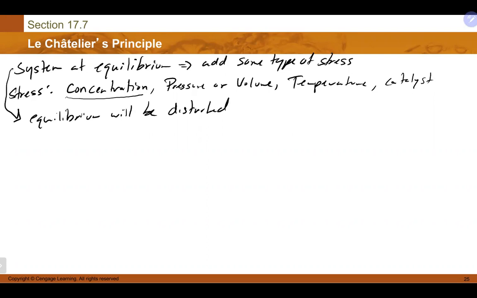The reaction will want to get itself back to that equilibrium situation where the rate of the forward reaction and the reverse reaction equal each other. So typically, one of three things happens in order to get back to equilibrium. Usually the reaction will shift to the right, which means it's going to make more products.